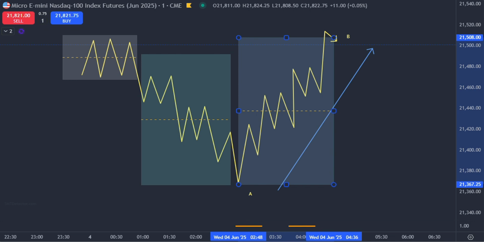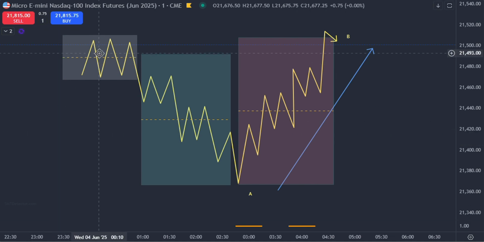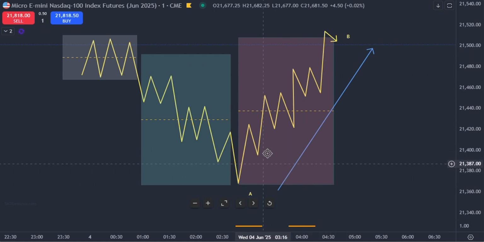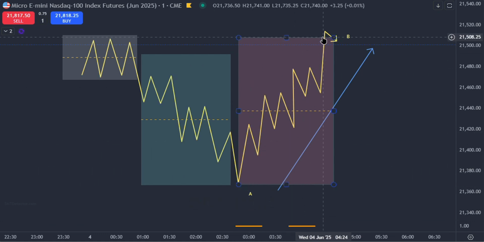Change it to a different color. All right, so you're going to have your consolidation. This move is your manipulation move, and then this move is your distribution move. So in the beginning, you just want to focus on the distribution part. So for this move, we're focusing on longs.